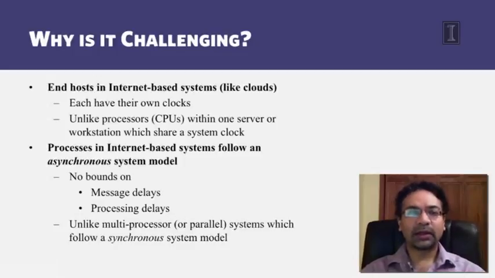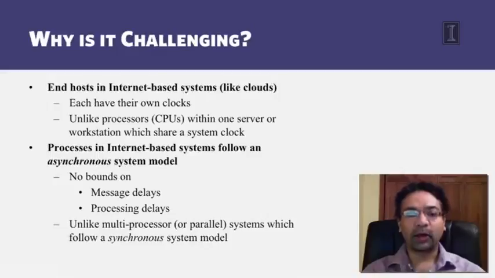So why is synchronizing the clocks of different processes so challenging in internet-based systems like clouds? Well, each of the processes runs on its own clock. Typically, this is the system clock on the motherboard of the machine on which that particular process is scheduled.